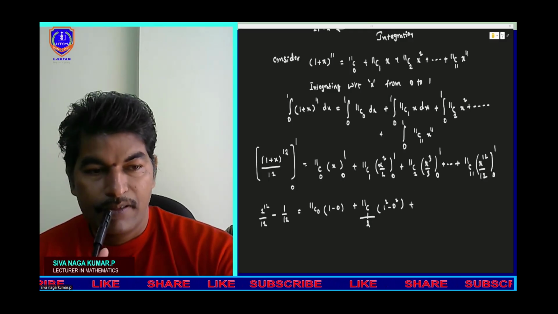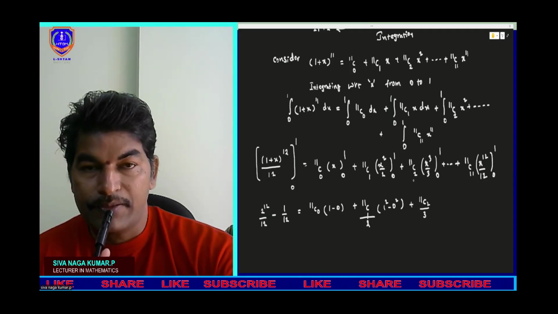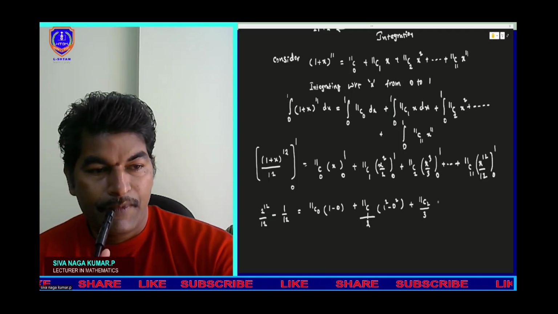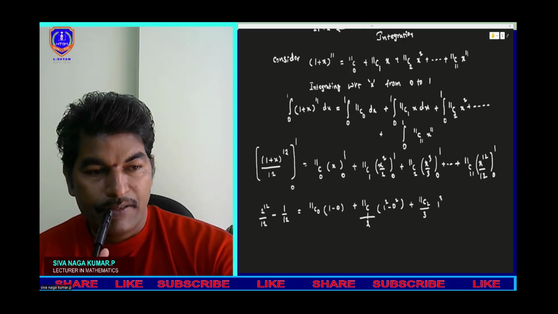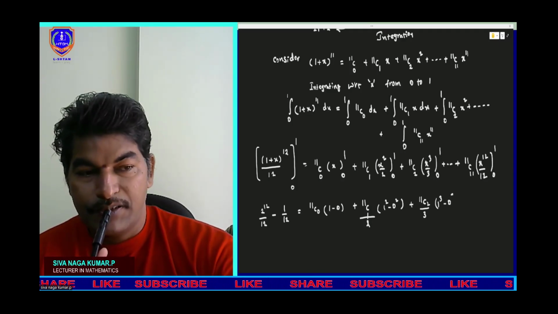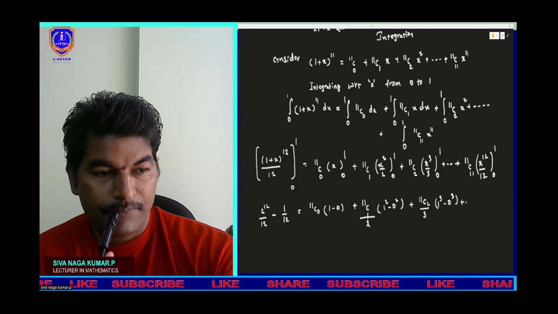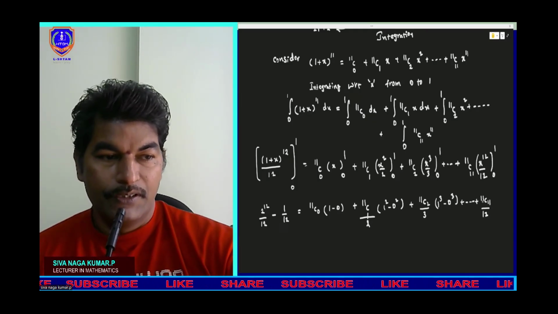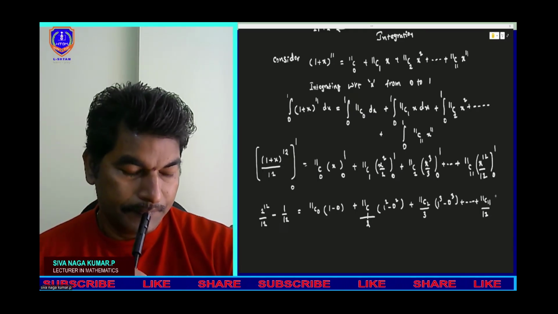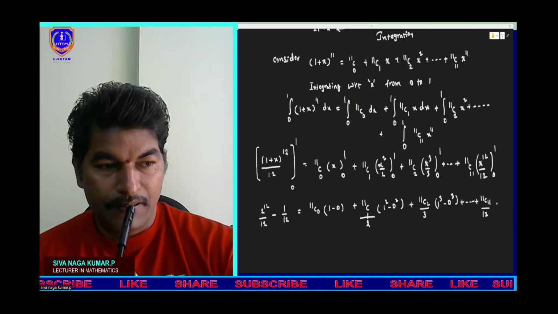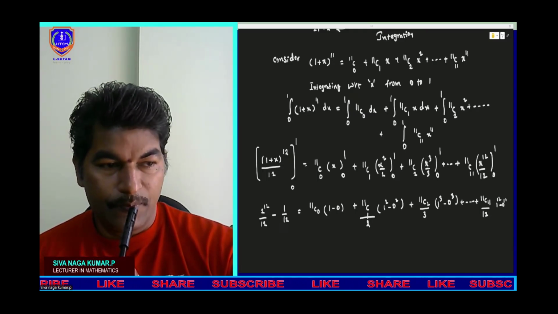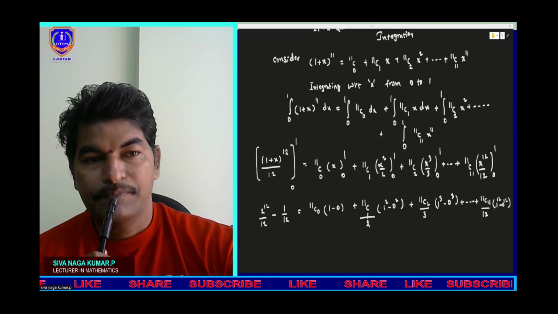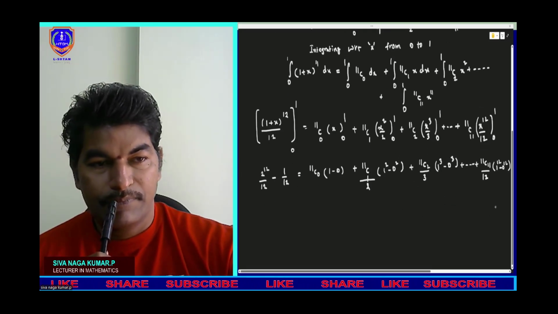Plus 11C2 divided by 3, x cube means 1 cube minus 0 cube, plus and so on, plus 11C11 upon 12, and this is 1 power 12 minus 0 power 12. Okay, understood?